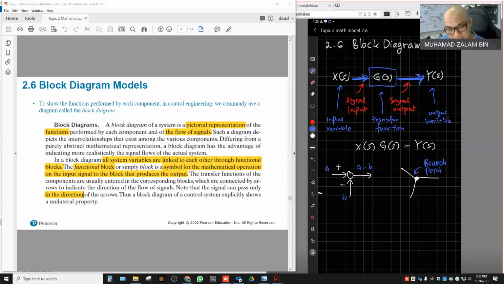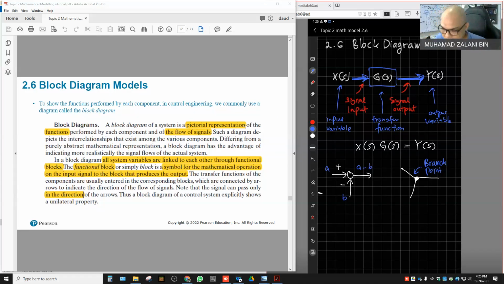Now let's go back to the beginning of the discussion of topic 2, mathematical modeling. We have been discussing the differential equations. Starting from there, we proceed from one part to another until we arrive at the design of the block diagram model.